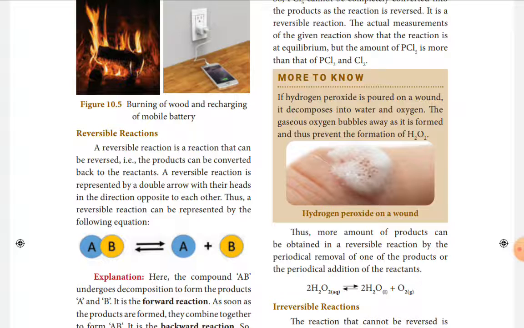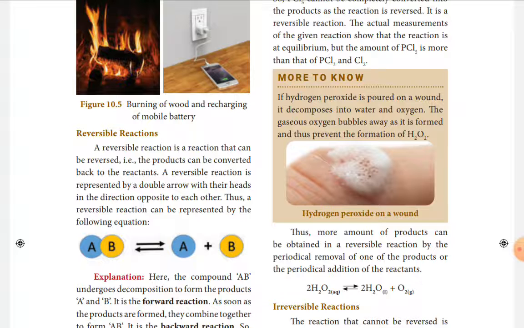So here, hydrogen peroxide decomposes into water and oxygen, and further water and oxygen combine to give hydrogen peroxide.